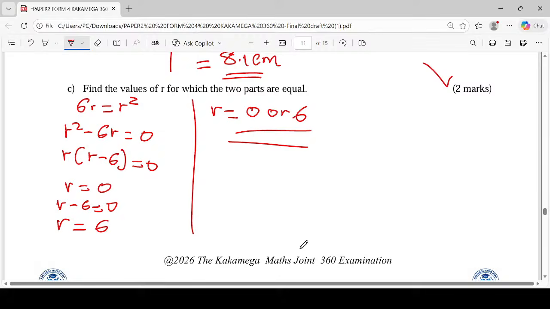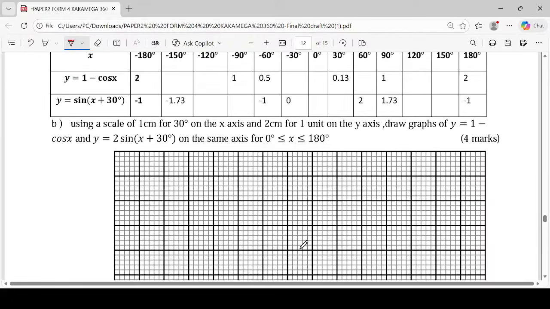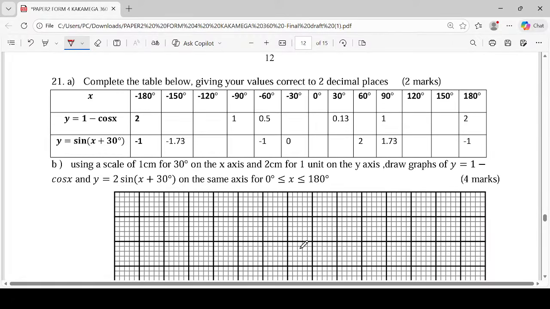Let's look at the next question, which is question number 21. Complete the table below, giving the values correct to 2dp. You can see the table we are having. Just a slight correction.